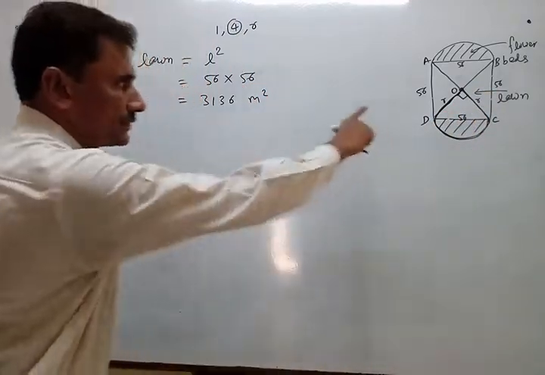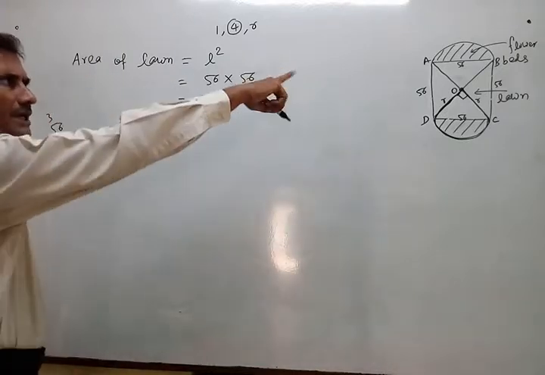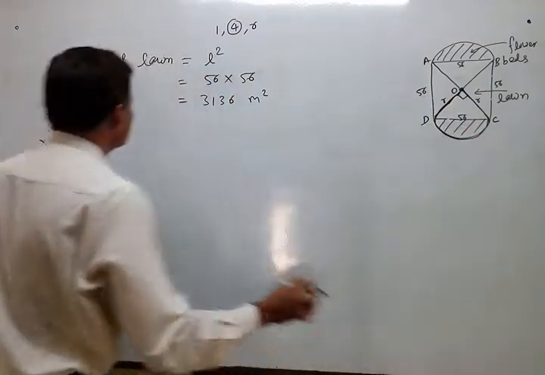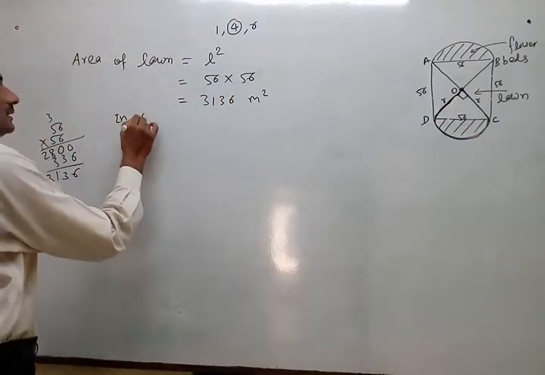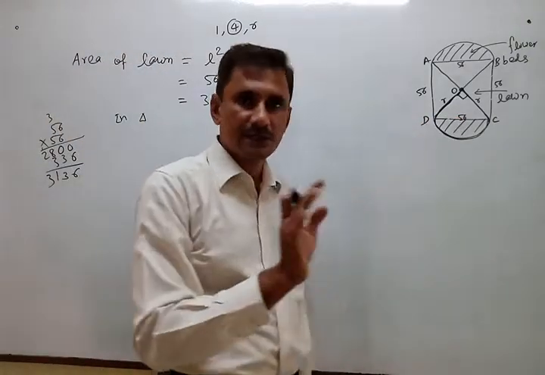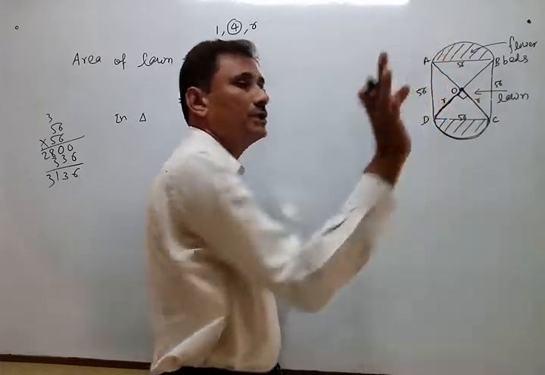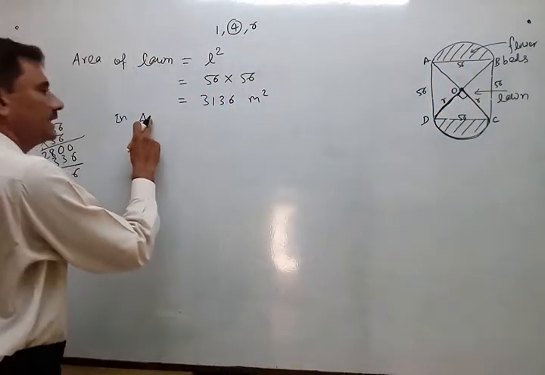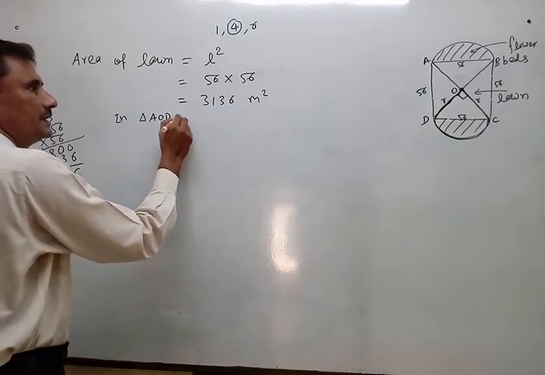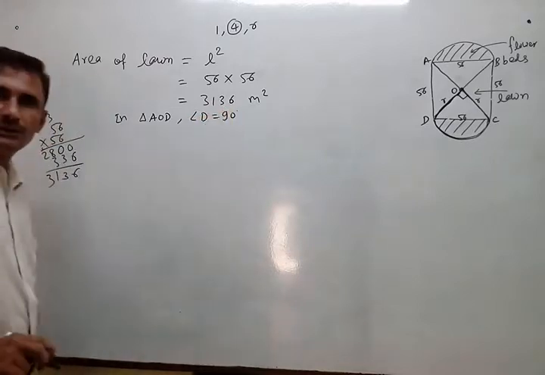So in triangle ODC, otherwise OAB, anyone, whatever you want. I am just working here. I am not finding the area of the segment right now, because the area of the segment cannot be found without the radius. The radius, OD or OC or OA, is not given. So first we find that. In triangle ODC, angle D equals 90 degrees.